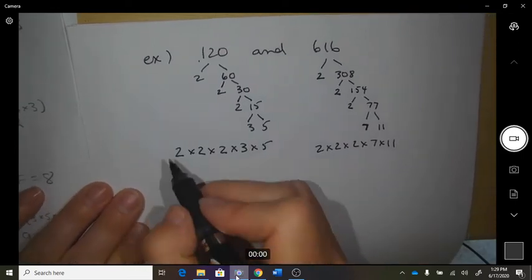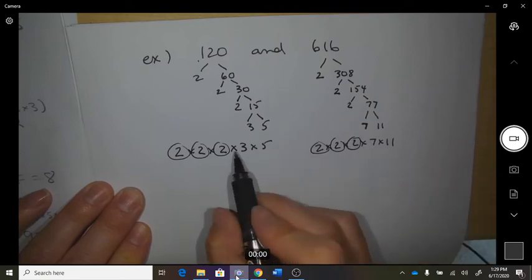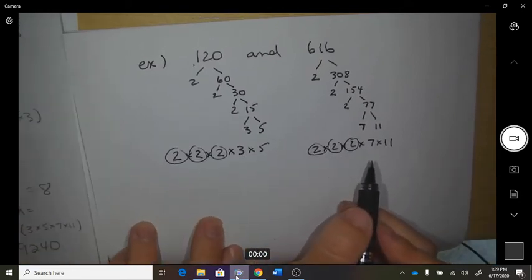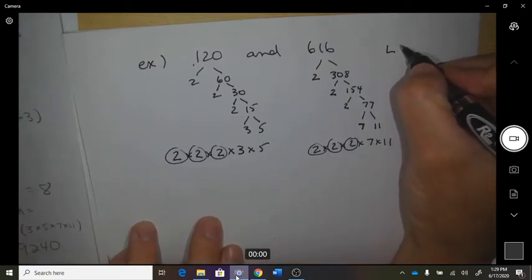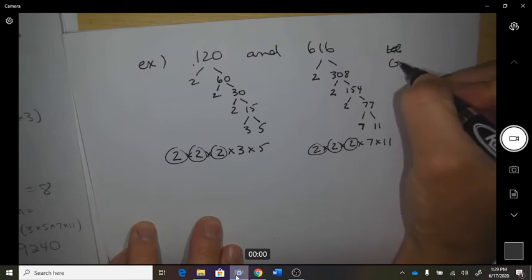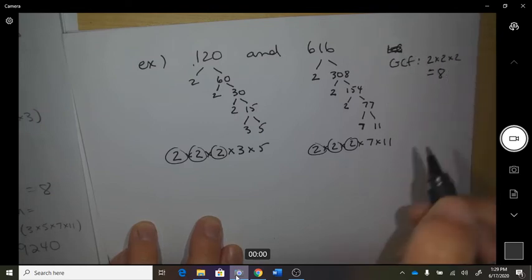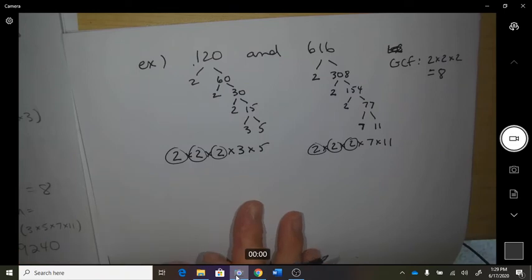Okay, what do they have in common? 2, 2, 2. And that's it. So the greatest common factor I'll do first is 2 times 2 times 2. So they're both divisible by 8.